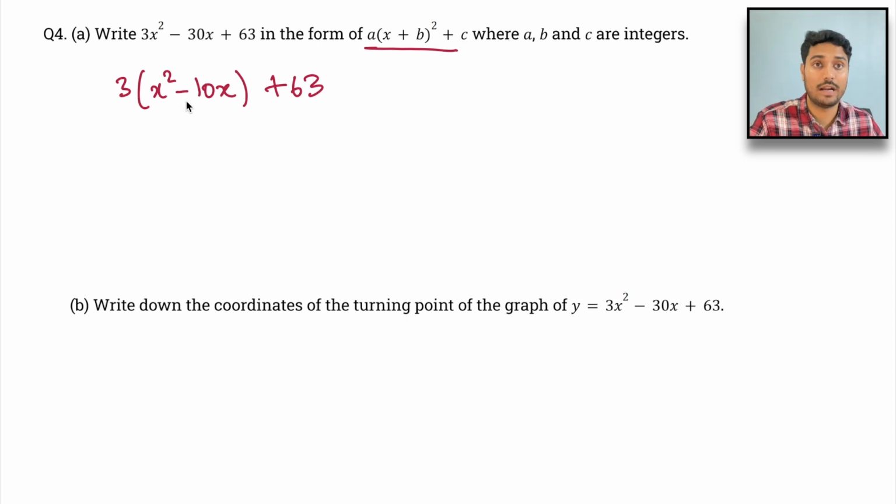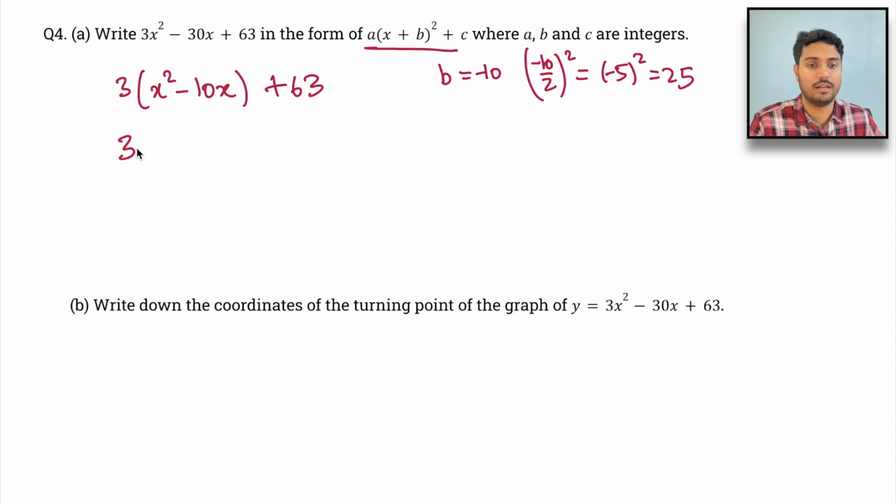So again, we have a quadratic expression which is written inside the bracket. So this time the value of b is negative 10. So we will do negative 10 by 2 the whole square, which is negative 5 the whole square, and that's 25. So we have to add and subtract 25.